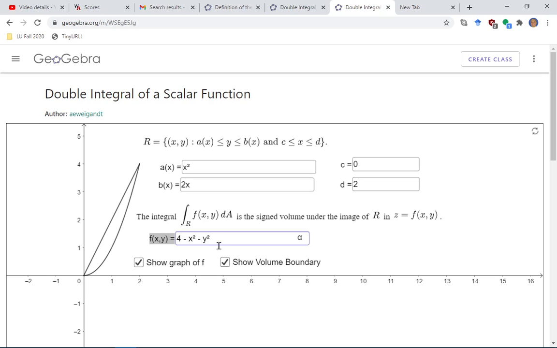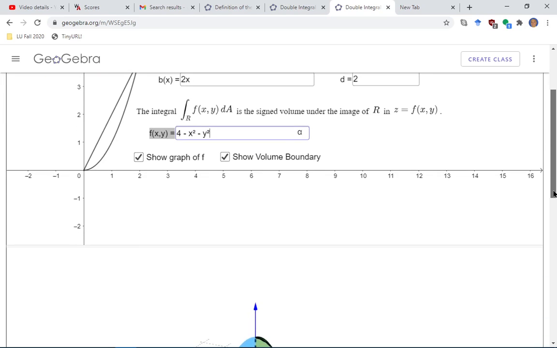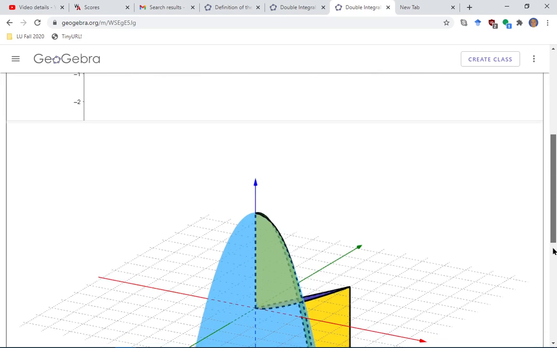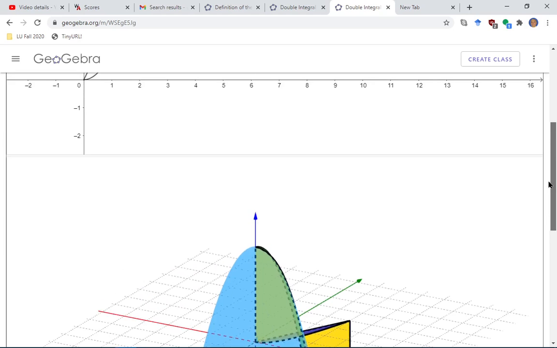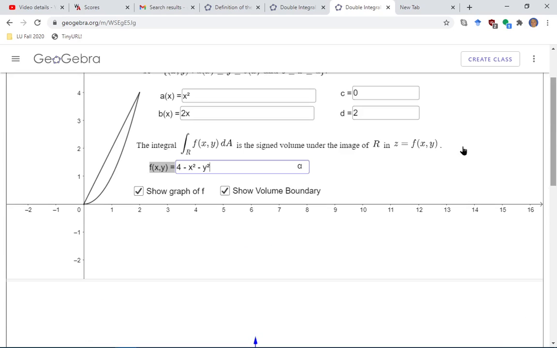I had a function. Now this function is a little bit friendly. It's because it's a paraboloid. So whatever function you put there, it graphs it for you, and the section of it that's above your region on the xy plane gets to be colored in blue. So here, let's see if we switch to the function that we were looking at, if we get something reasonable.